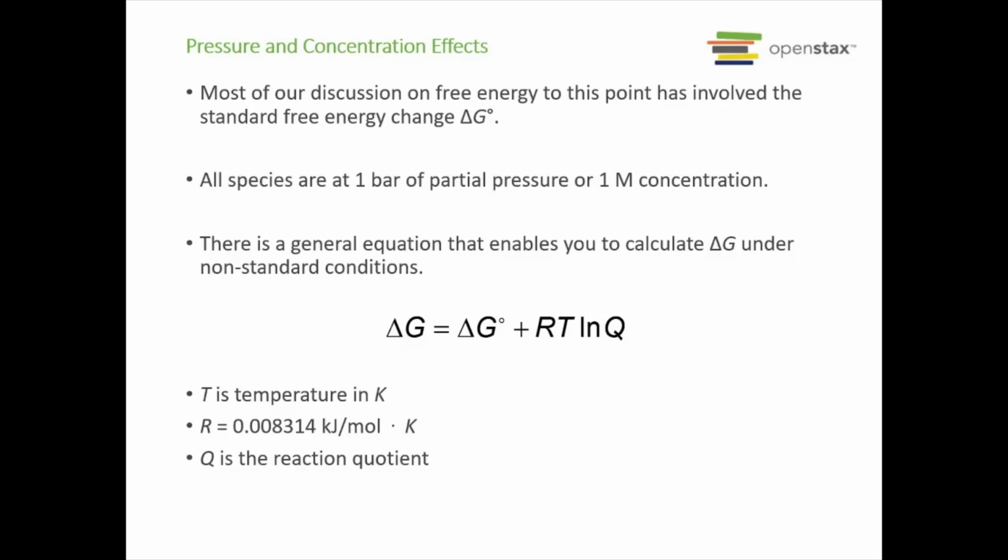So we do actually have an equation to calculate delta G under non-standard conditions. And this is it right here. So delta G is equal to delta G standard plus RT ln Q. Remember that one from last chapter? It's back. Our reaction quotient, good old R universal gas constant, and our temperature T.